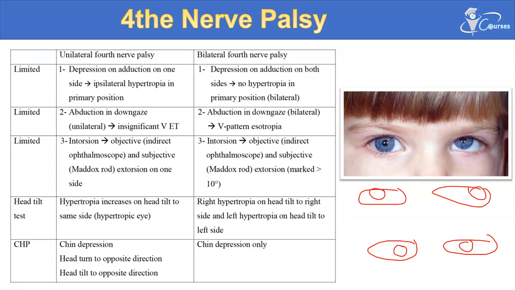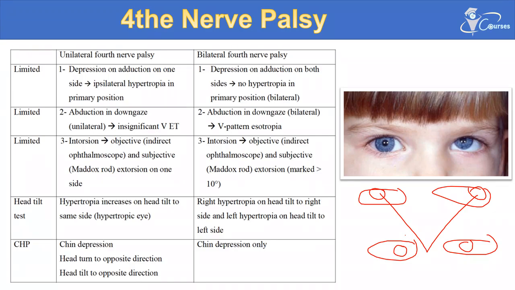The inferior oblique is an elevator of the eye, so when the patient looks up, it is an elevator and abductor, so it will cause abduction of the eye, increasing the abduction. So the patient's eyes look like a V pattern. When he looks down, there will be more esotropia. When he looks up, it will be more exotropic.